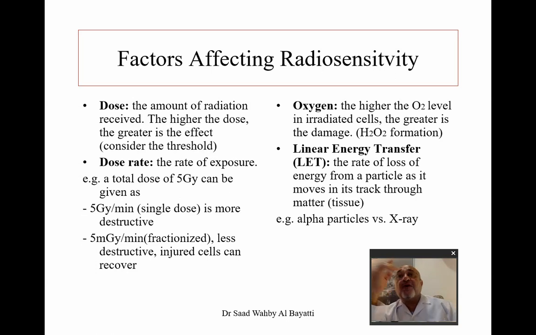Now the question is, as we now understand that we are exposed to radiation almost everywhere, at any time of the day, why don't cells die? Why don't people die from being exposed to radiation? Here, plus these factors, please consider the ability of the cells to reproduce. When cells are damaged by irradiation, they die.